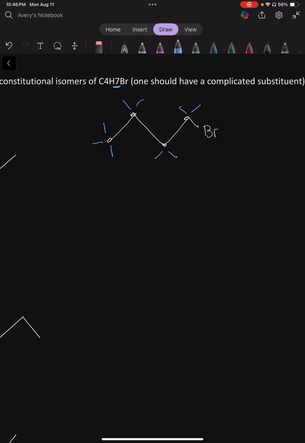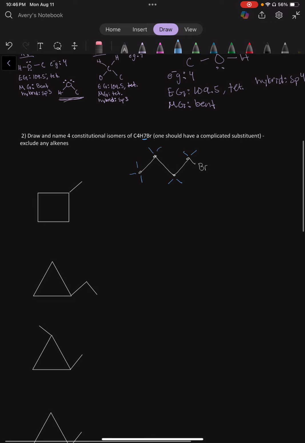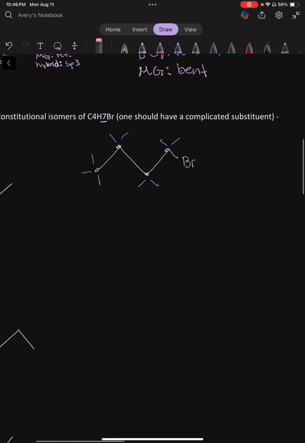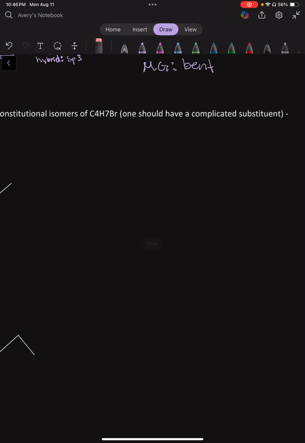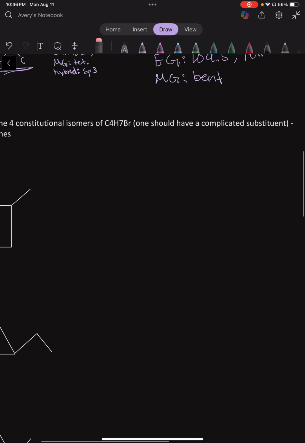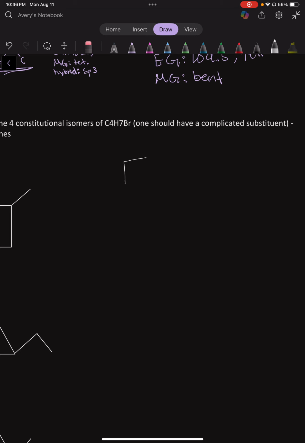We only have 7 hydrogens. So we turn to the cyclones because when we do the cyclones, for example, if we're looking at cyclobutane, when we have our square with a bromine, we have 1, 2, 3, 4, 5, 6, 7, which is the exact amount of hydrogens we need.